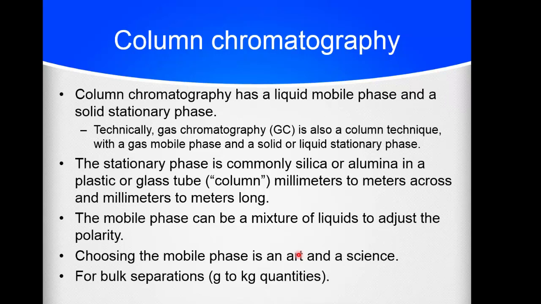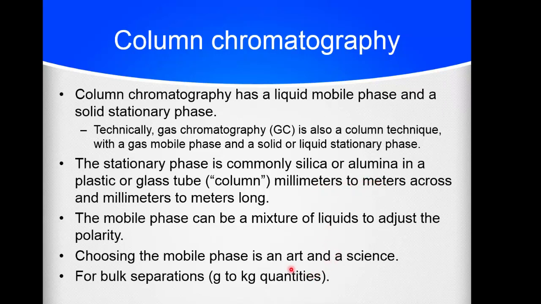And so you can't have your instrument 30 meters long. That would be excessive. The stationary phase is just like the powder that's stuck to your plate in TLC, silica or alumina. And we put it in a vertical glass tube that could be really small, a couple millimeters across, or could be a few meters across.